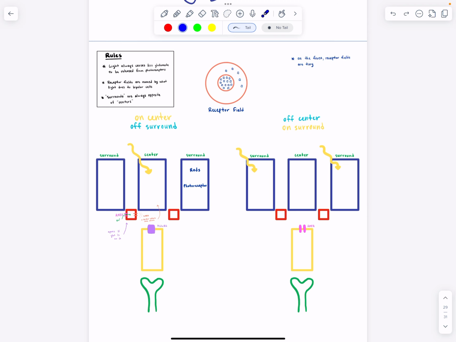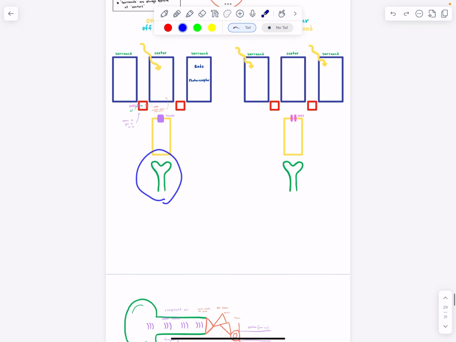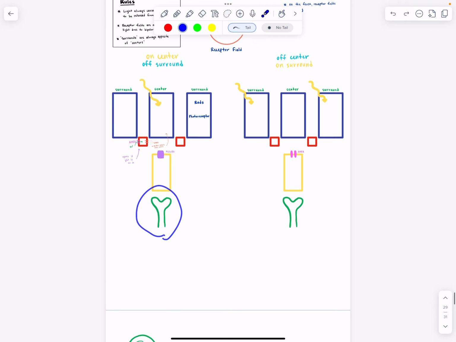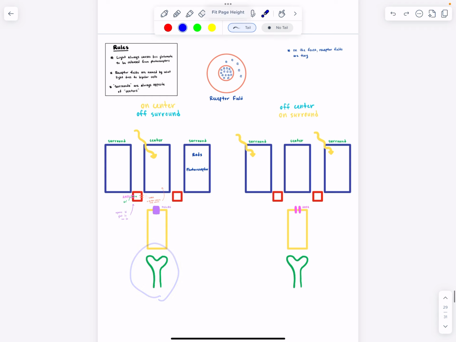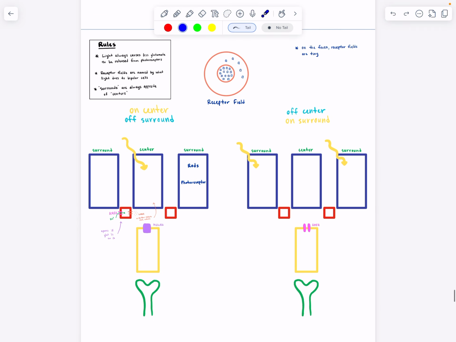Okay, now moving on. Again, same exact players: photoreceptor, bipolar cell, and ganglion axon. We're just going to use the same things. So let's talk about receptor fields.